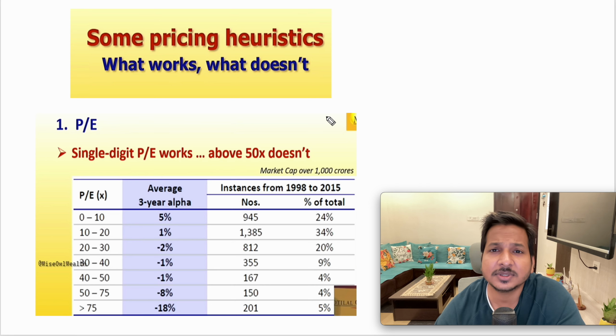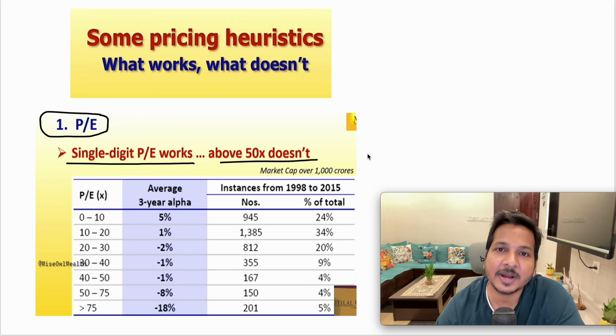If you get something, you have a multibagger, chances are there. So the first thing is the P/E ratio. How much should it be? A single digit P/E ratio works, and above 50 it doesn't. So suppose you are buying a company or share now that has more than 50 PE, that is almost not going to work for you.